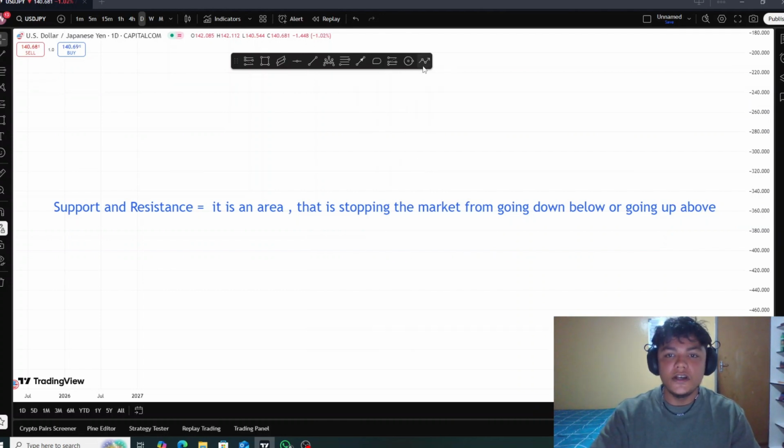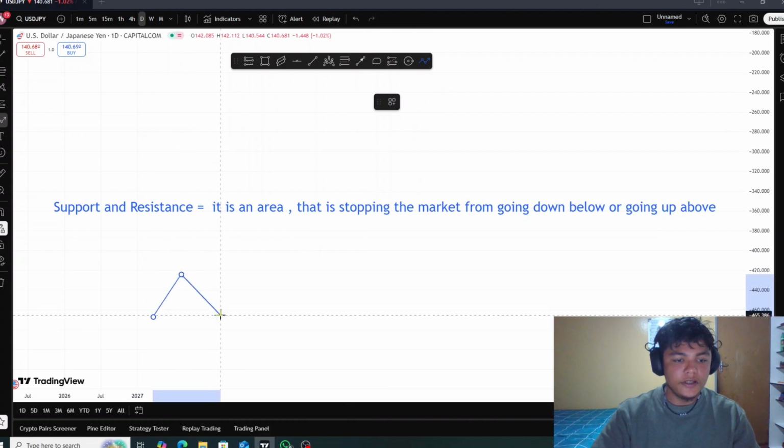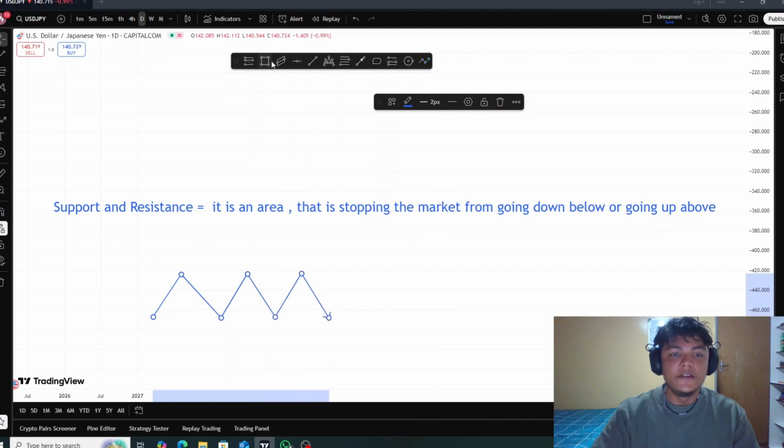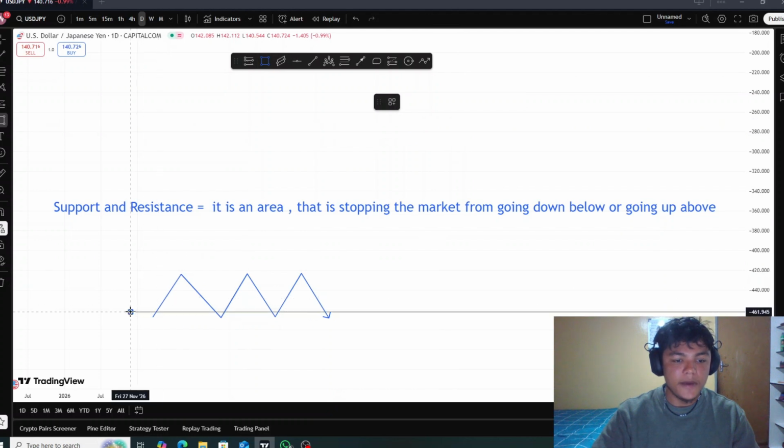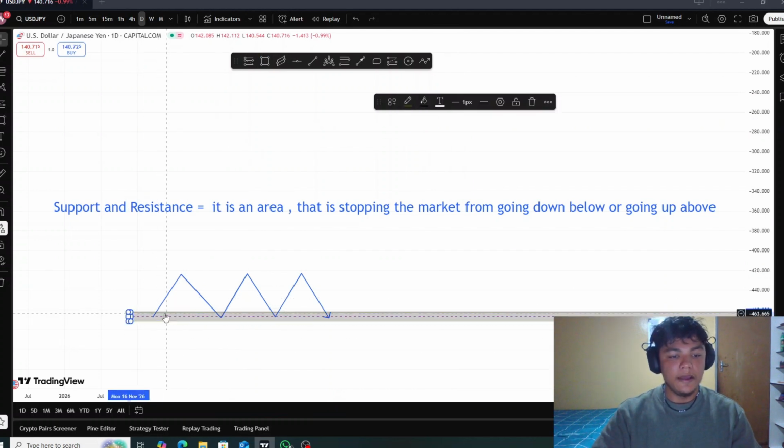So to give you an example of what this would look like, here we are going to have a consolidation. It's a sideways trend. Okay, so this would be my support because this area is stopping the market from going down below.